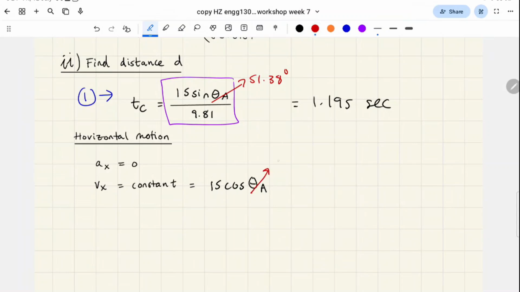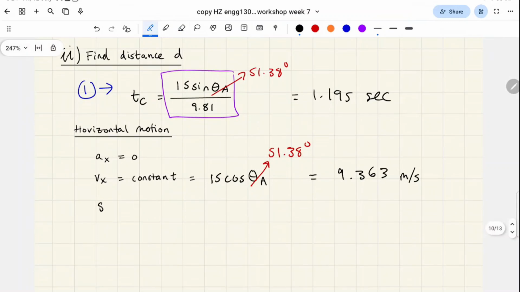It was a function of some unknown angle, and since we know the angle now, we can plug it in, get 9.363 meters per second, and then sx is just equal to that initial x velocity multiplied by time.